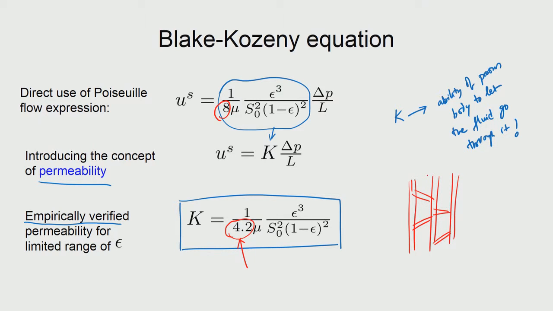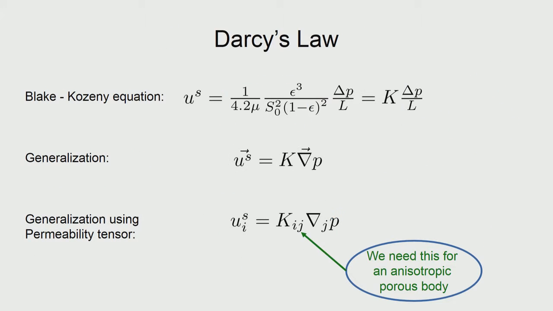So, some pressure drop will be modified because of that, and therefore it must lead to some correction factor. So, this is a correction factor, otherwise our model seems to work quite well. Okay. So, the Blake-Kozeny equation is basically, except for this correction factor, a model to treat the interconnected void as a bundle of tubes and then apply the analytically derived pipe flow equation to it.